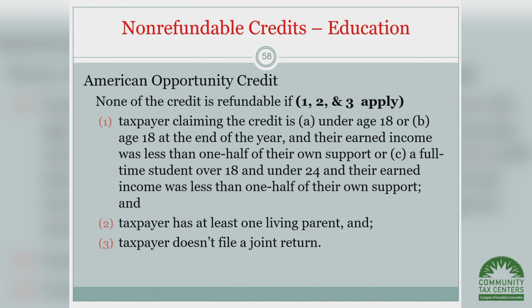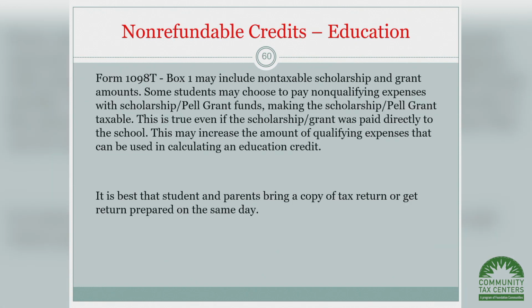If you're going to junior college but haven't sorted out your major or you're just taking classes, it won't be to your benefit to take the American Opportunity Credit until you're ready to start paying for those larger expenses. Good question, though.